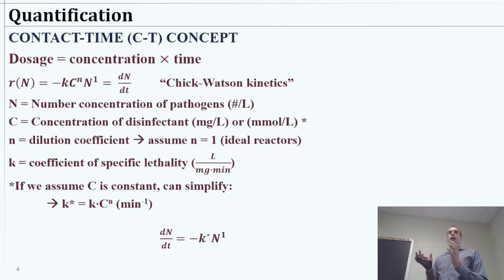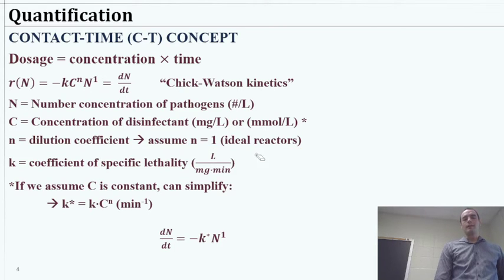And so if we have a poorly mixed or poorly diluted situation, this n could be less than 1, in which case our chlorine would not have its full effect. Right, so usually we would assume this is 1, because usually we're dealing with ideal reactors. But I wanted to point that out.